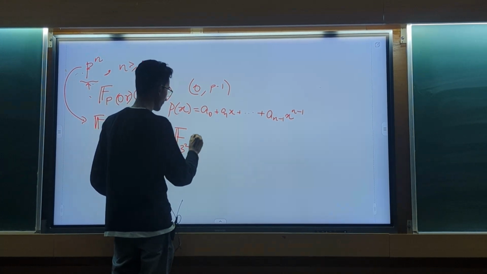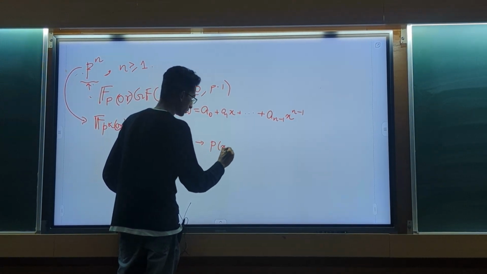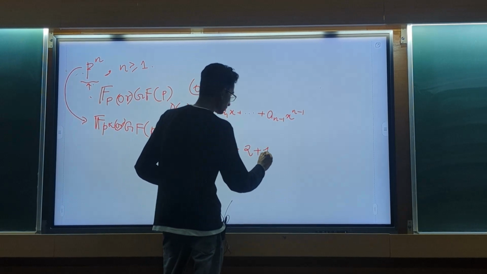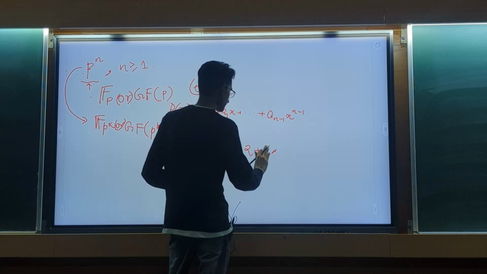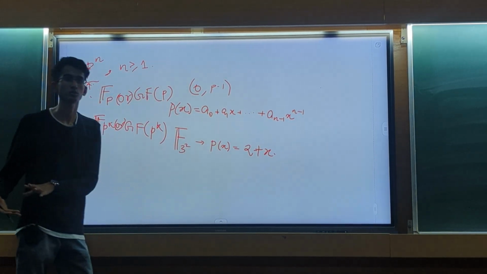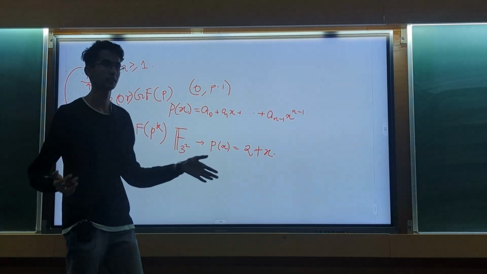A member of this would look like p(x) is equal to 2 plus 1x, so 2 plus x, but not 2 plus x squared. Does it make sense? Now I will define addition and multiplication.